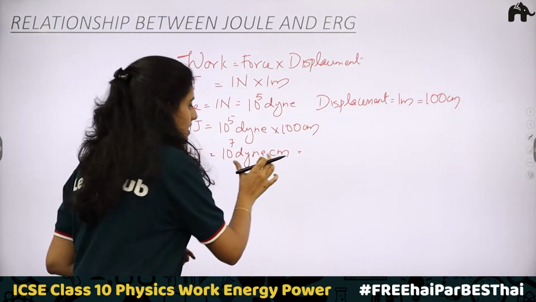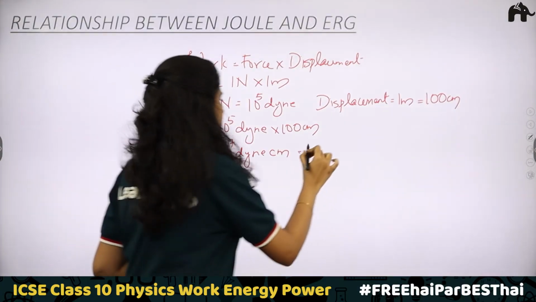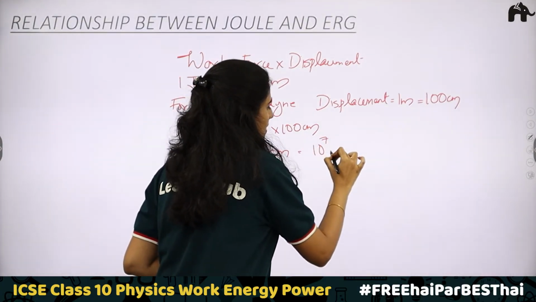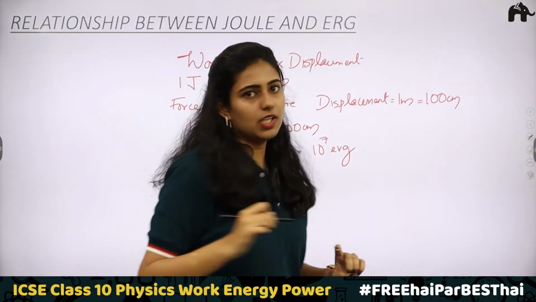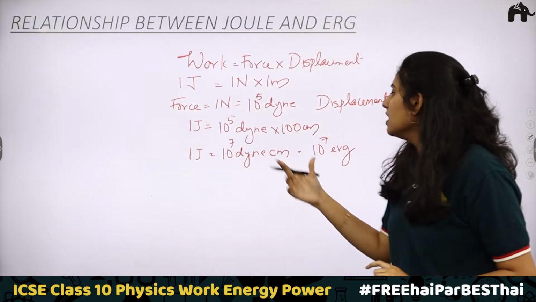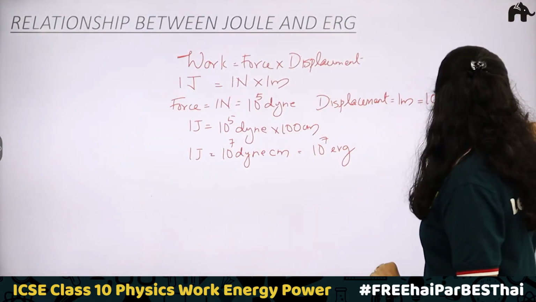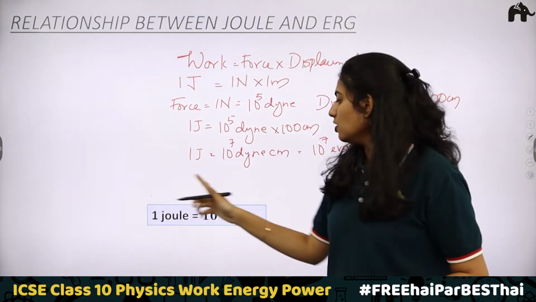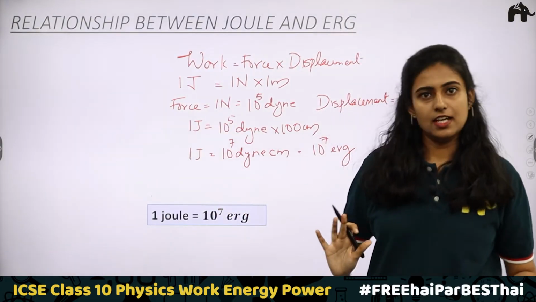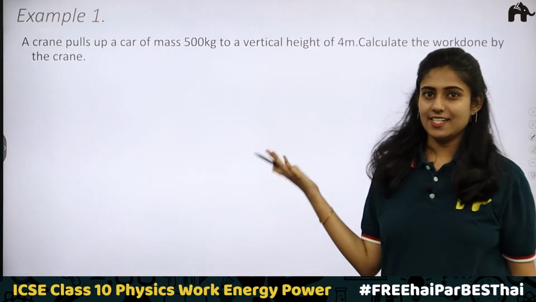Dyne centimeter is erg. We will be getting 10 raised to 7 erg. So this is the relation between joules and erg. 1 joule is equal to 10 raised to 7 erg. Clear? Got the relation?